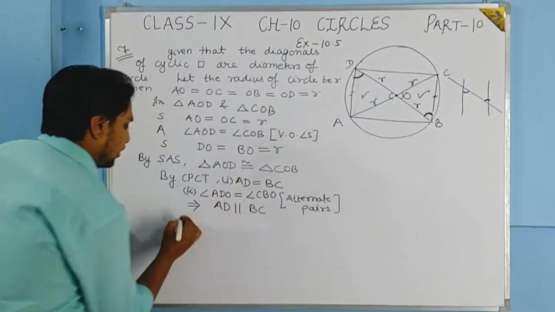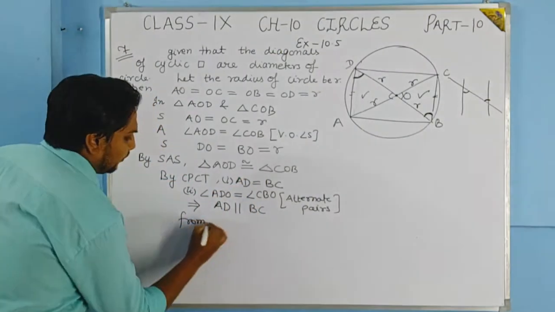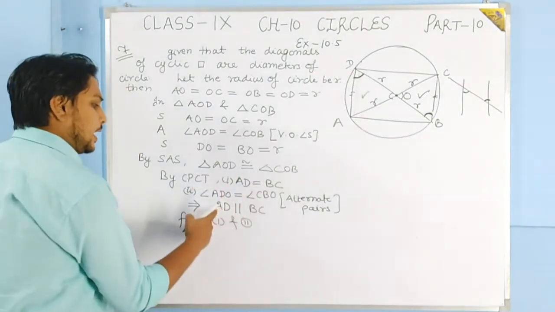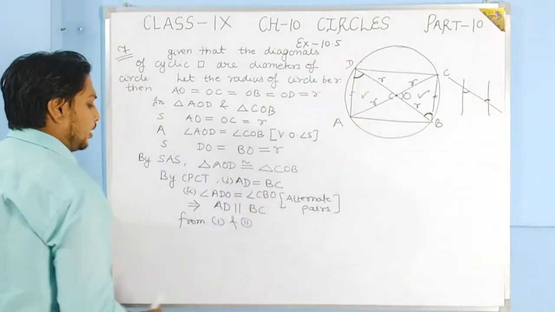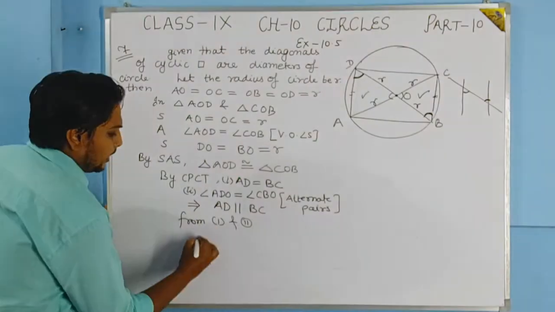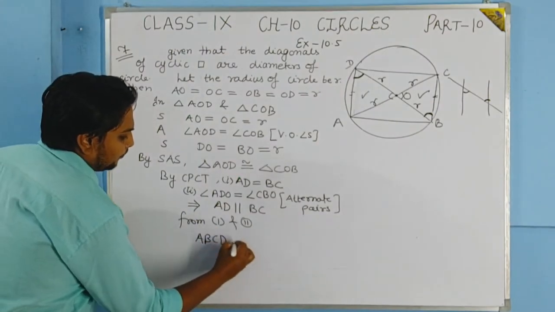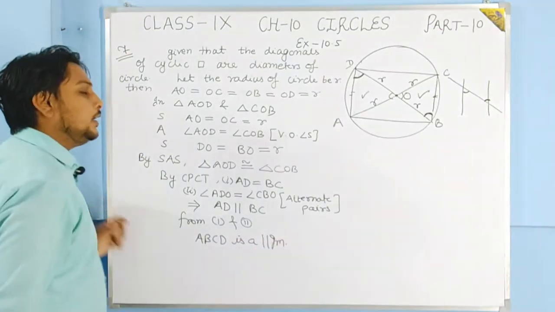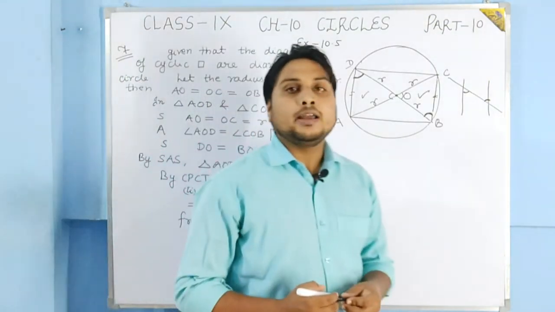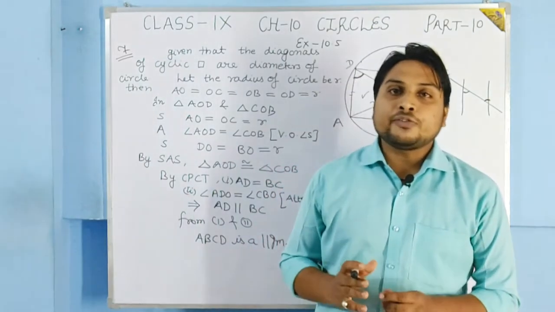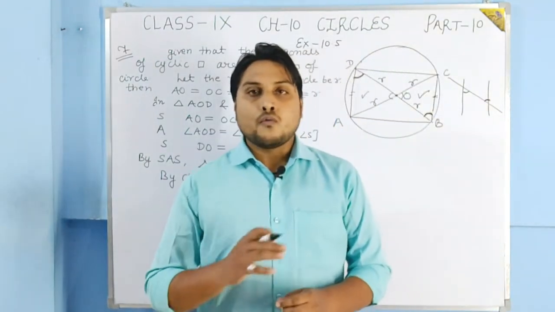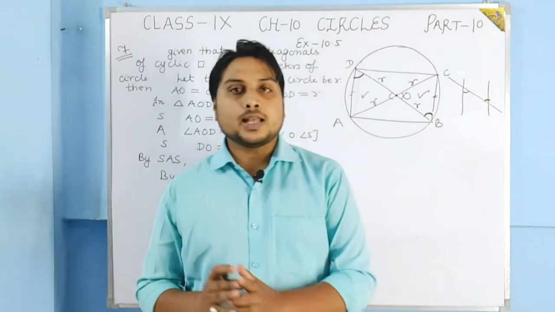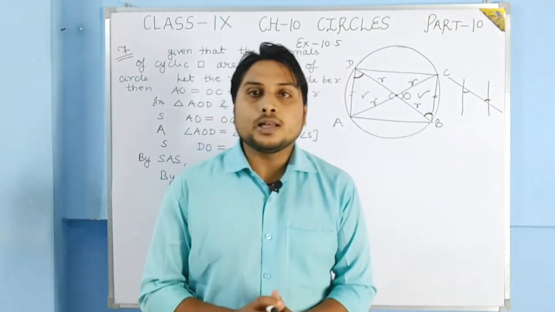Now students, here you can see that from 1 and from 2. Okay, this is the first result and this is the result of second. From 1 and 2 you can say that ABCD is a parallelogram. How can we say directly? Remember students, I have told you that if in a quadrilateral one pair of opposite sides is parallel as well as equal, then that quadrilateral is what?